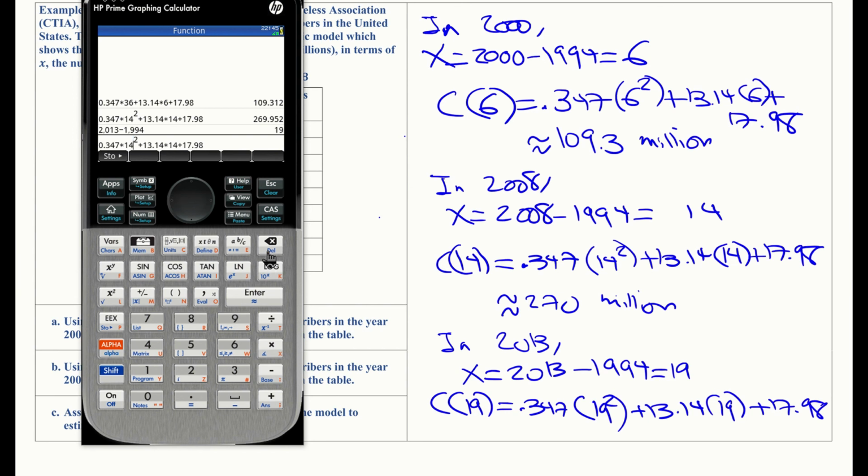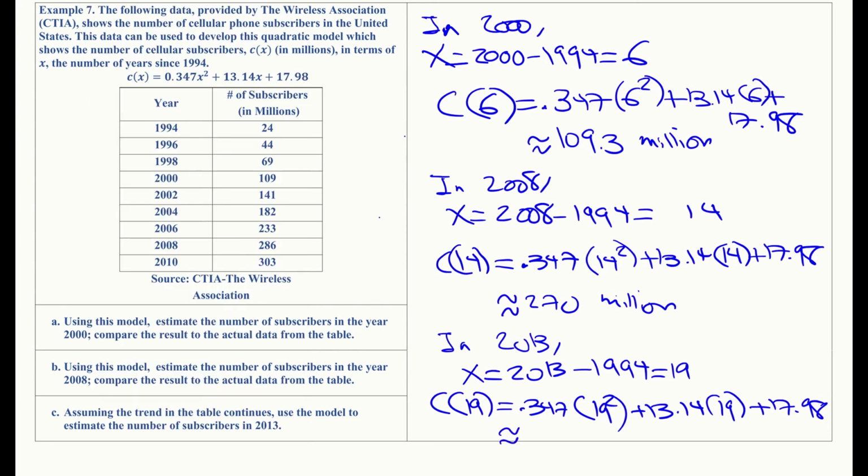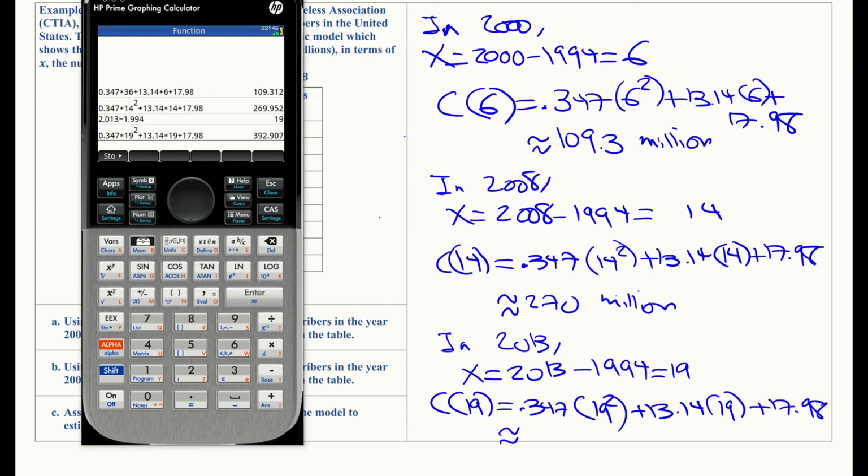This can save us quite a bit of writing, okay? And then go back and replace that other 14, the second one, with 19 as well. And then hit enter, and we get approximately 393 million.